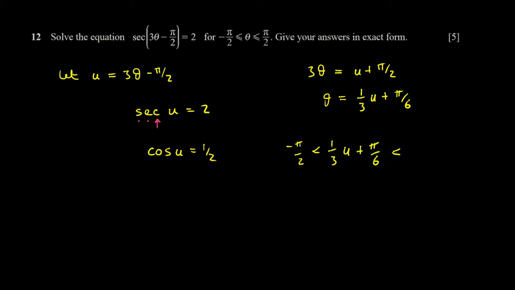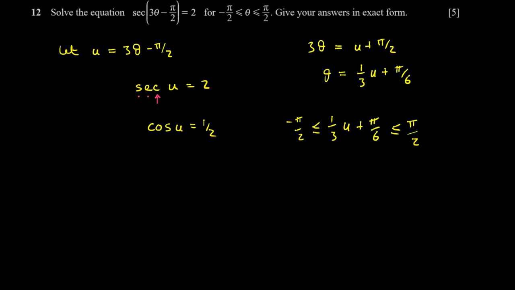Okay. And I'm going to now rearrange this. So the first thing I'm going to do is subtract pi by 6 from every part of the inequality. Now, just to clarify this, instead of pi by 2, I'll make that negative 3 pi upon 6, and this guy will be positive 3 pi upon 6.